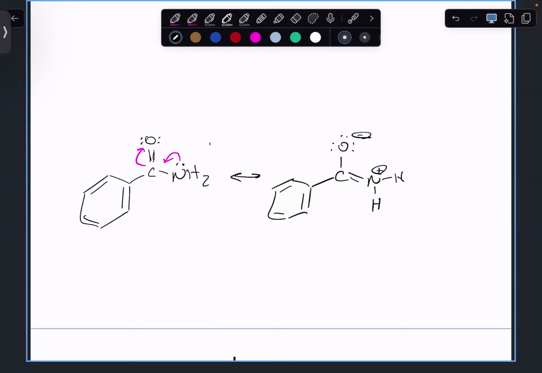Question 6. Yeah, because remember, a neutral nitrogen is always going to have 3 bonds and 1 lone pair.